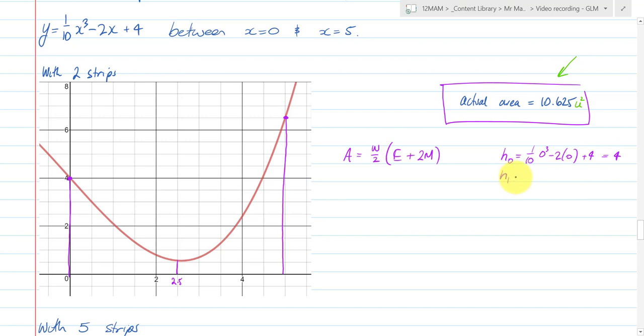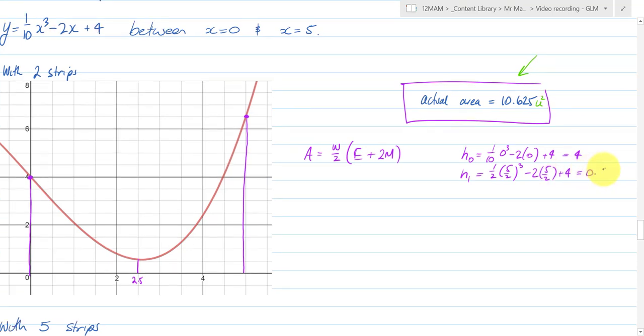Height 1 will equal 1/10 of 5 over 2, which is 2.5, cubed minus 2 times 5 over 2 plus 4, which equals 0.5625. And then height 2 is equal to a tenth of 5 cubed minus 2 times 5 plus 4, and that's equal to 6.5.